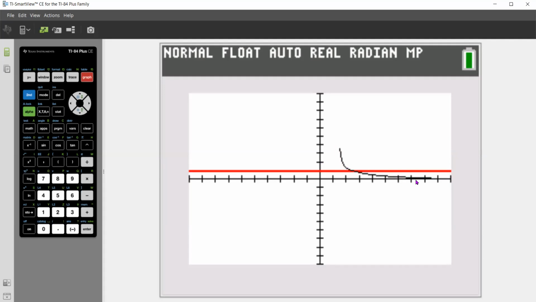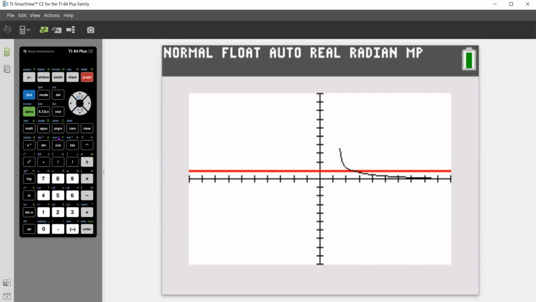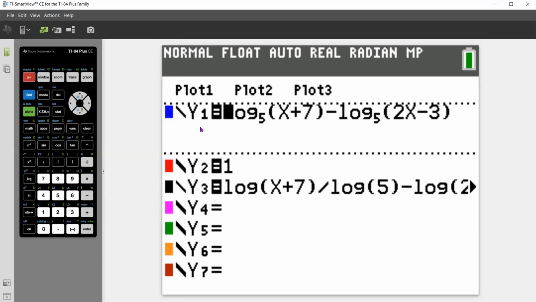So they turn out to be the same function. So that's, again, the two different ways to type it. Log base 5 of x plus 7 minus log base 5 of 2x minus 3. If you have to use the change of base formula, you have to use log of x plus 7 divided by log of 5, minus log of 2x minus 3 divided by log of 5.